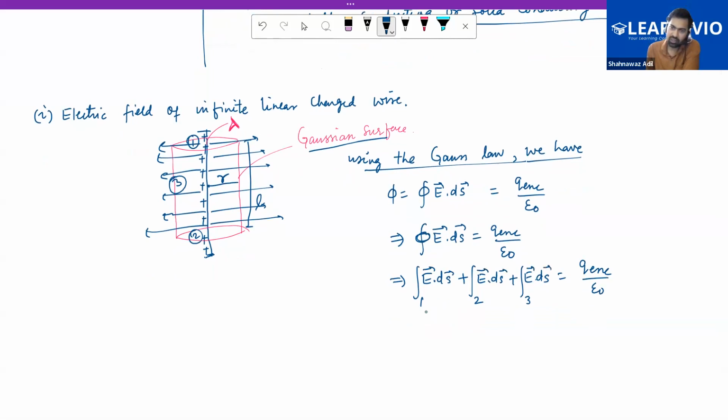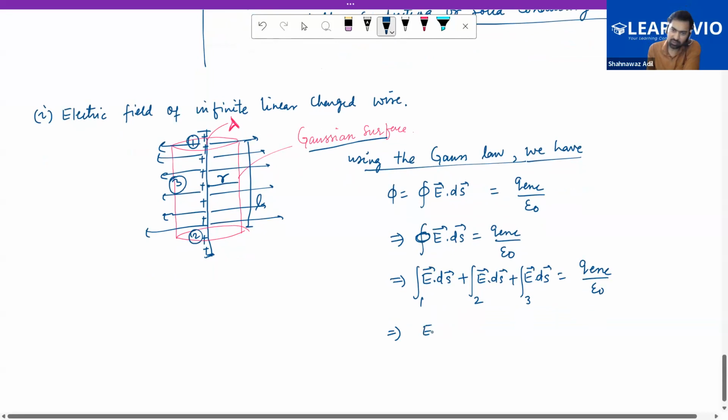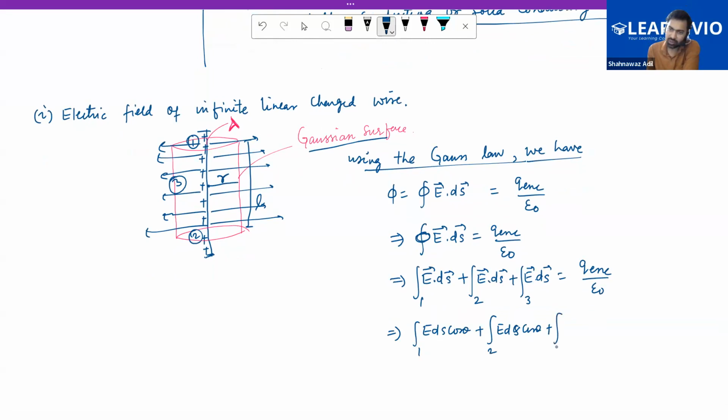Now this would be E ds cos theta 1, plus E ds cos theta 2, and then E ds cos theta 3.